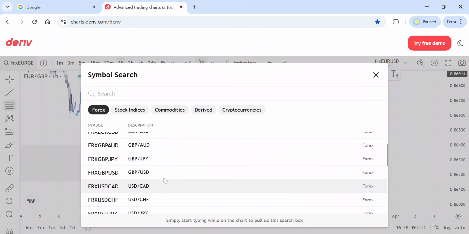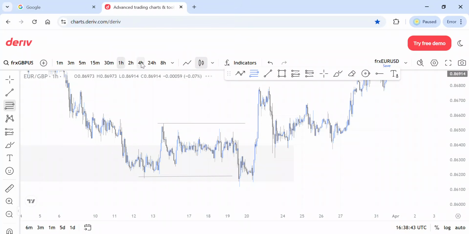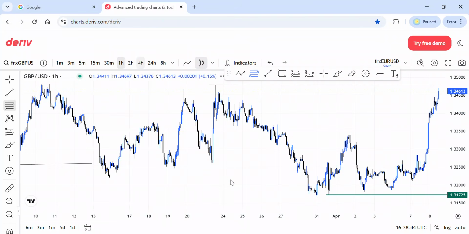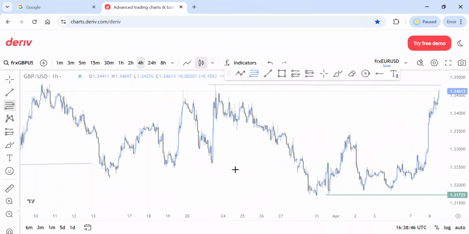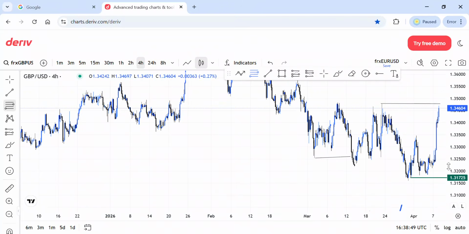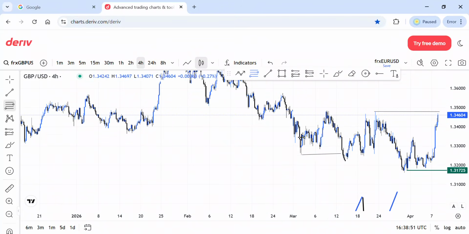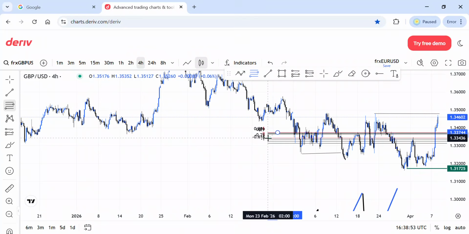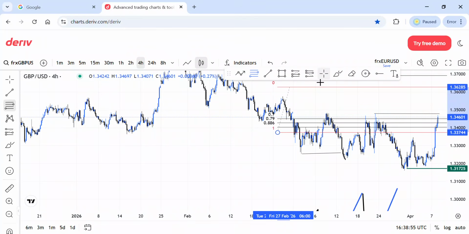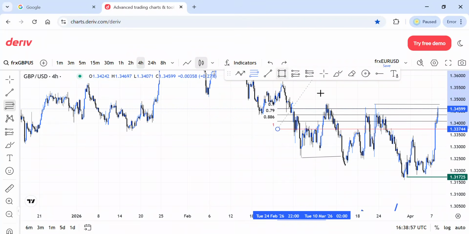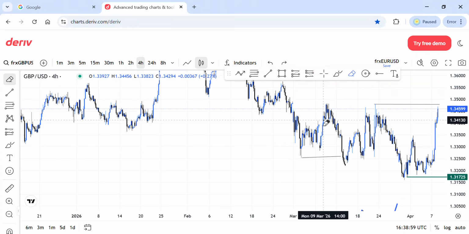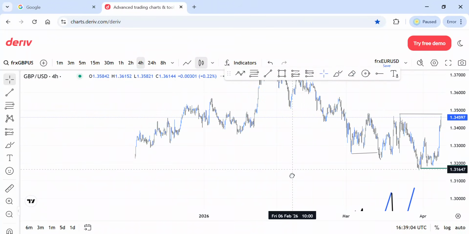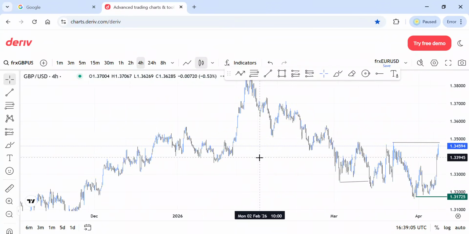Okay, let's check GBP USD. 4 hours time frame. So let's see. I have an analysis on this already. Did I do this? Okay. I think I have an analysis on this.